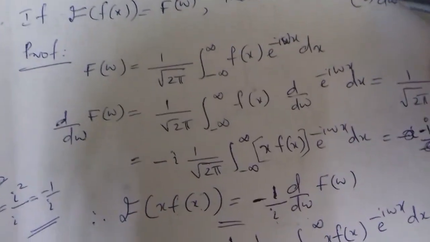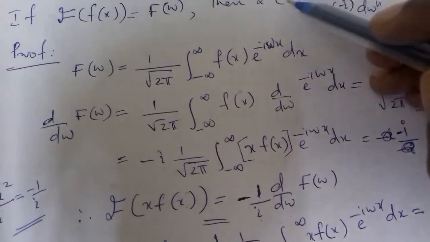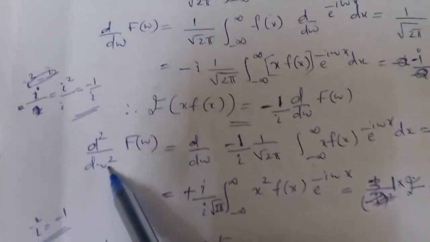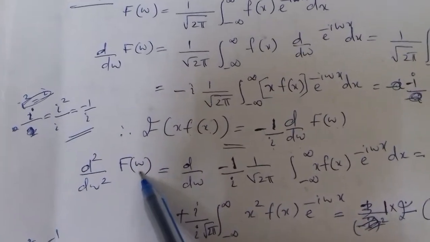It is true for n equal to 1. 1 by minus i d by d omega of F of omega is the Fourier transform of x into f of x, so we got it. Next, again we can prove, if needed, d square by d omega square of F of omega.